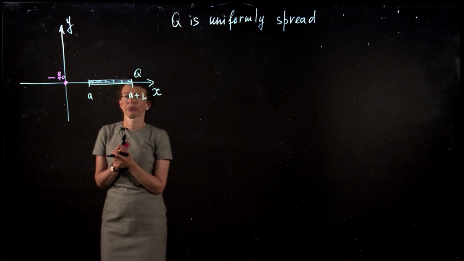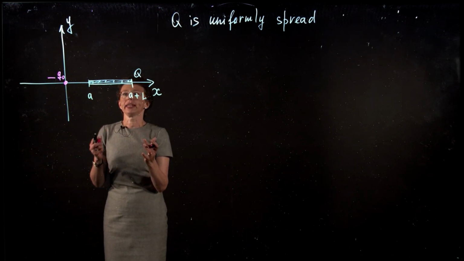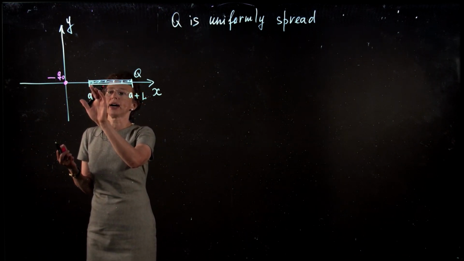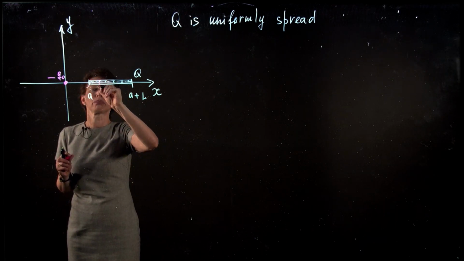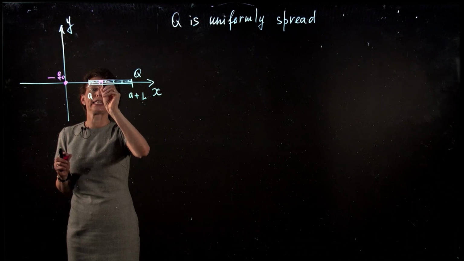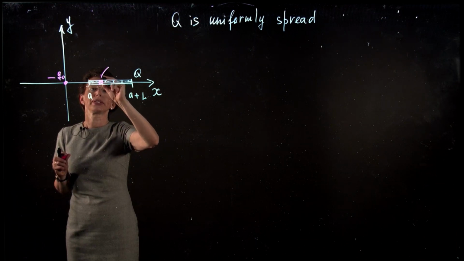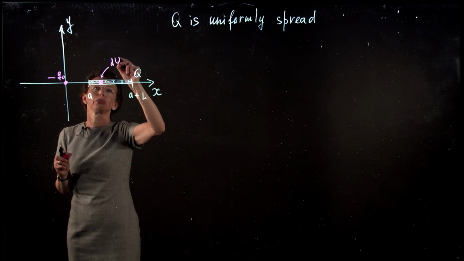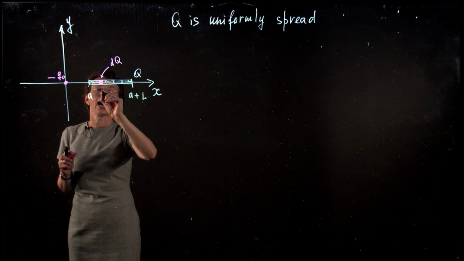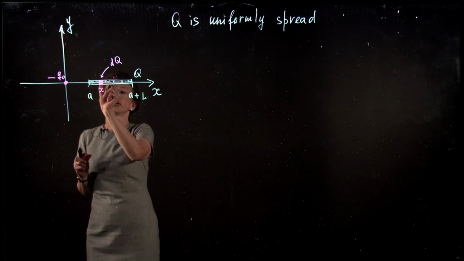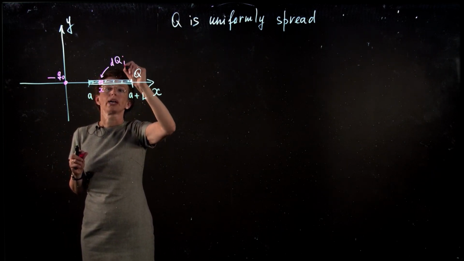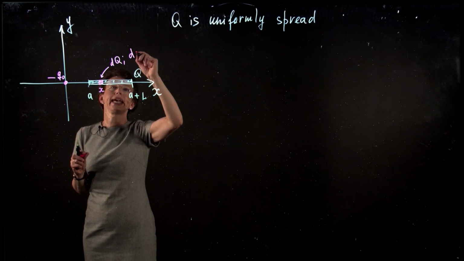So again, we need to slice this charge Q into infinitesimally small charges dq. So this is charge dq located at arbitrary point x, and the length of this infinitesimally small segment is dx.